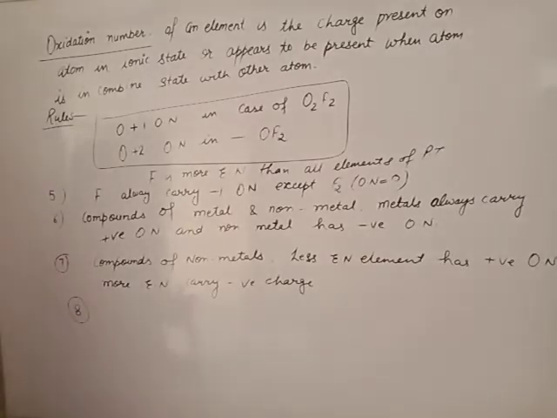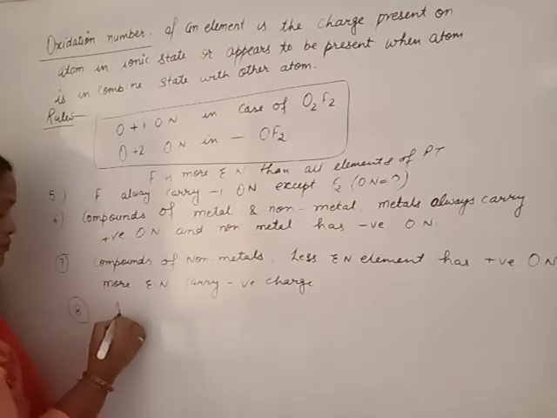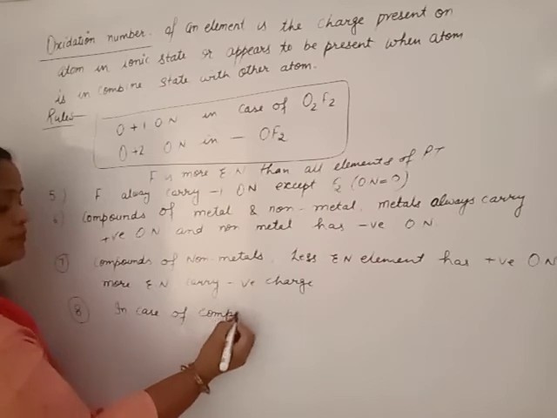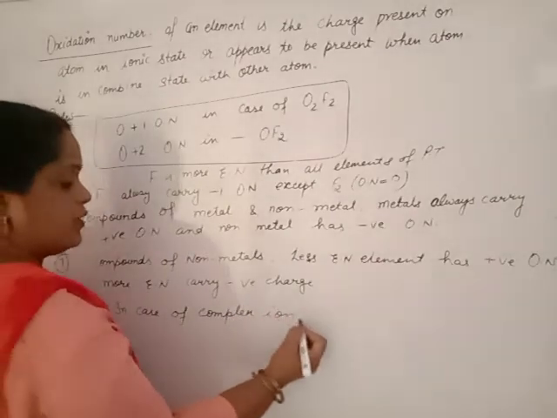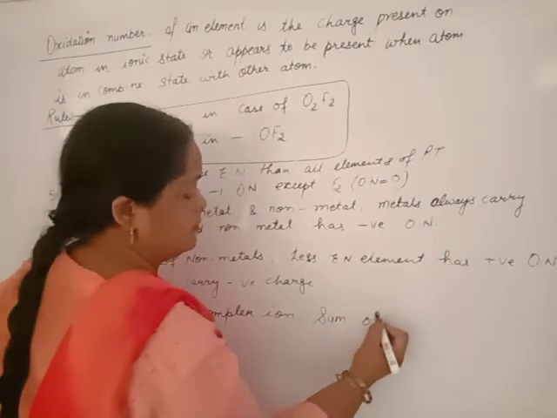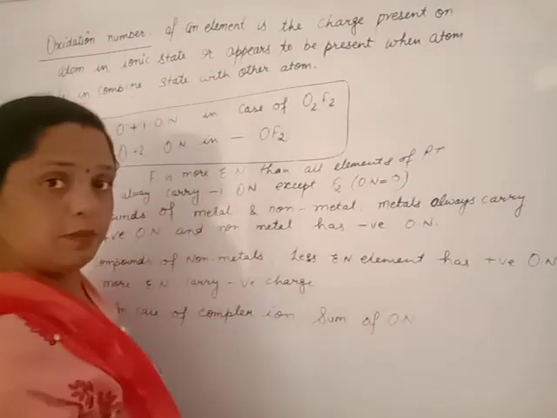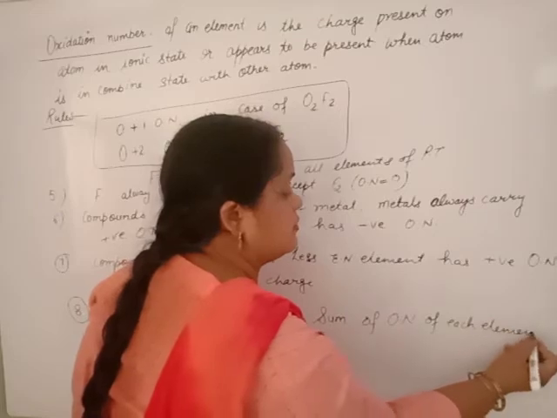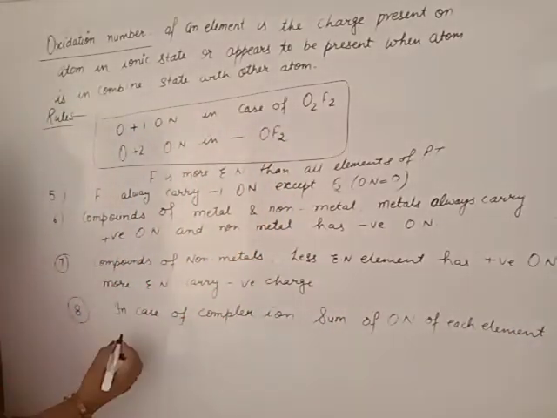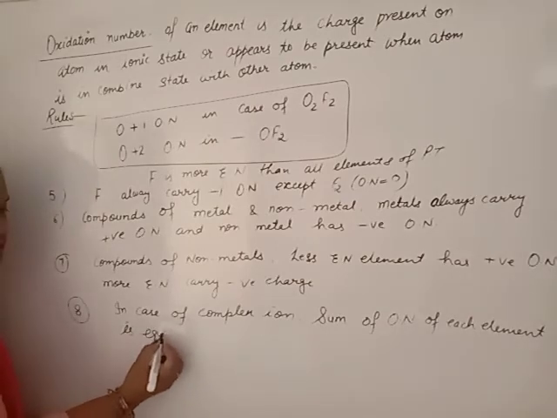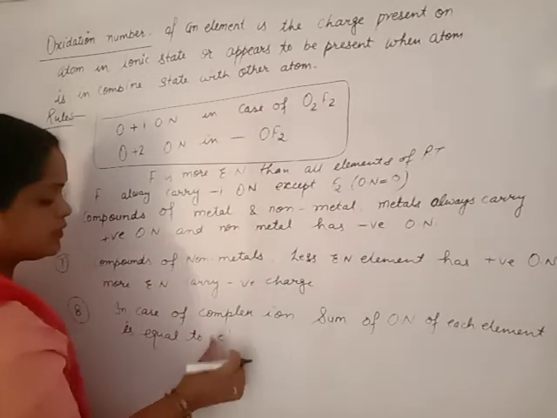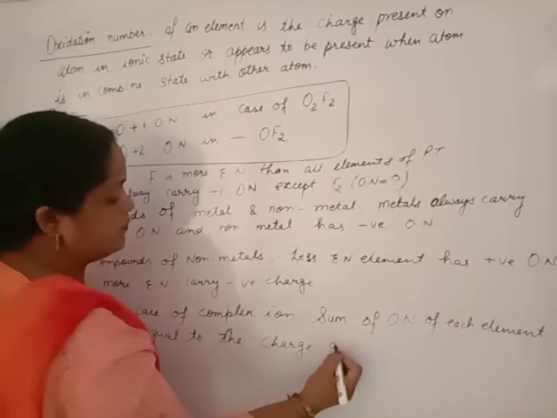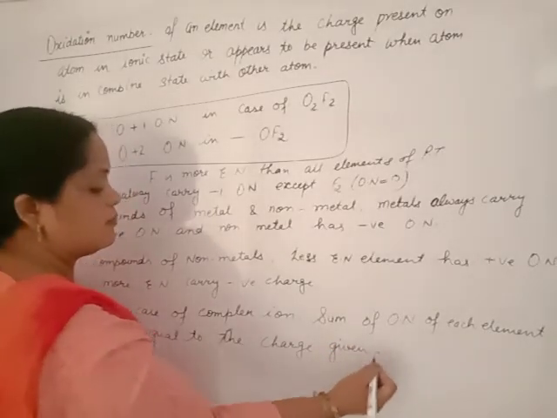Next, beta, in case of complex ion, the sum of the oxidation number of each element is equal to the charge given. Clear?